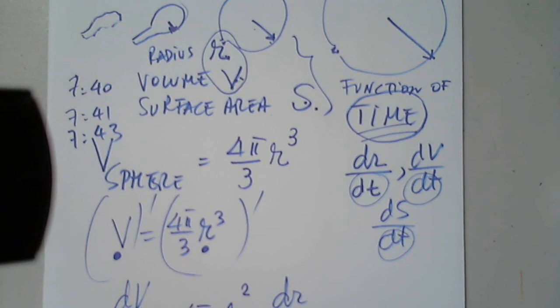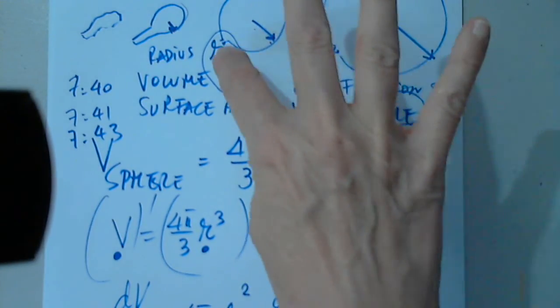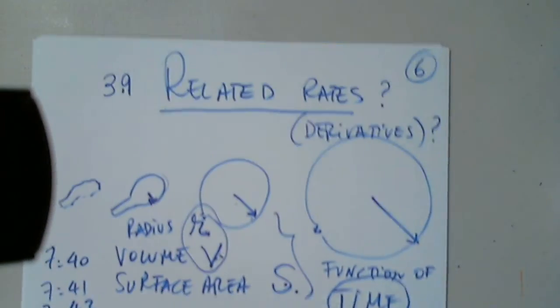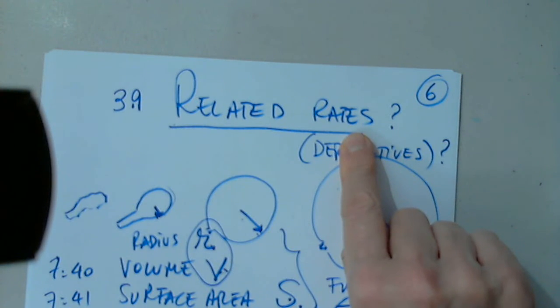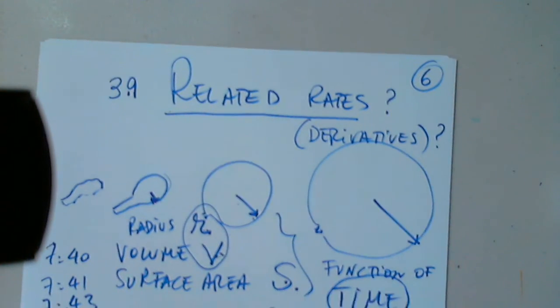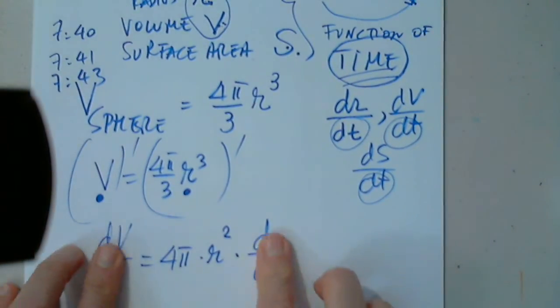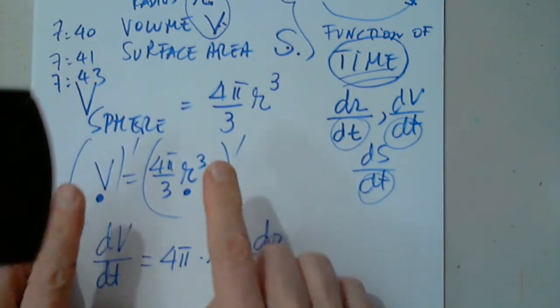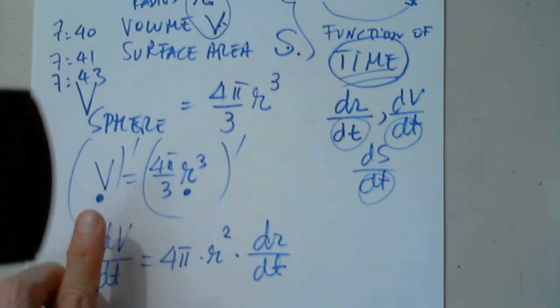Let's clarify something. This is the equation that connects these two functions. But this is the equation that connects their derivatives, or their rates of change. These two rates of change are related through this equation. I haven't touched anything.